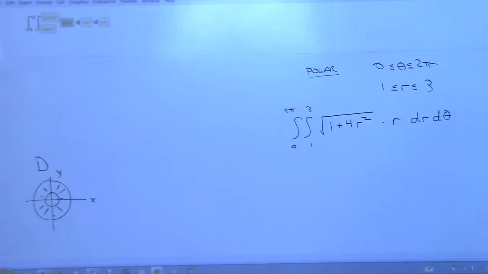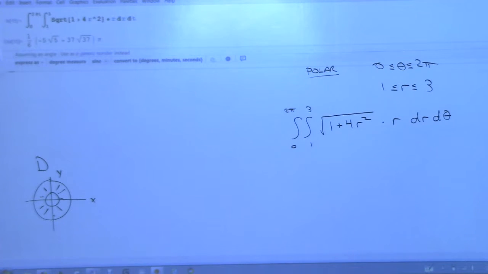Zero to 2 pi, 1 to 3, square root of 1 plus 4r squared times r dr d theta. That's gross, but we can go change that.